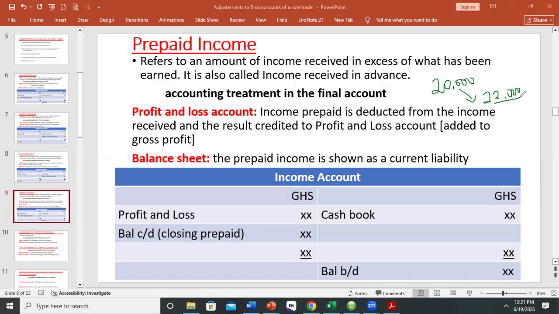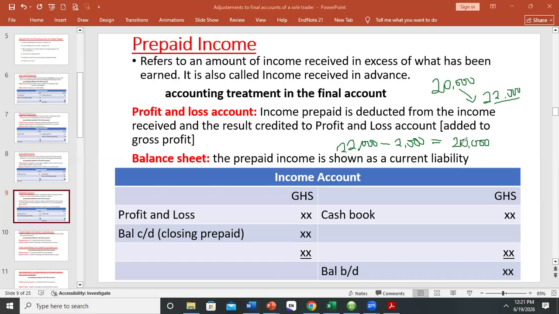So we are saying when the school is preparing its account, total school fees income for that term would be, yes, we have received 22,000, but 2,000 is an advance payment, so we subtract. The school cannot add that 2,000, so they have to subtract it and come to the final figure, 20,000, which actually represents the school fees income for that term.